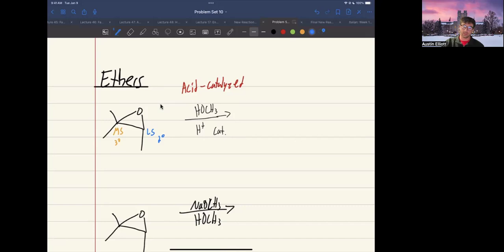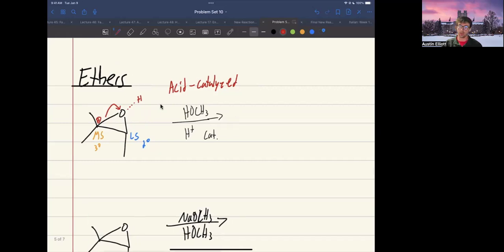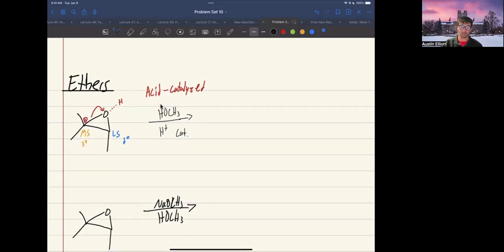So basically what we're going to see happen is the oxygen right there is going to get a hydrogen. This bond's going to go to it, creating that carbocation right there. And that's where that leaving group is going to go into. So when we look at our product, it's going to look a little something like this.